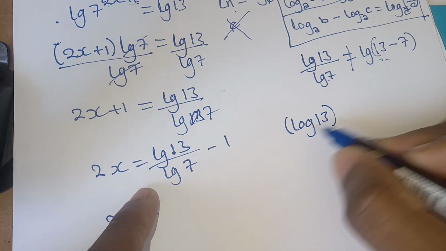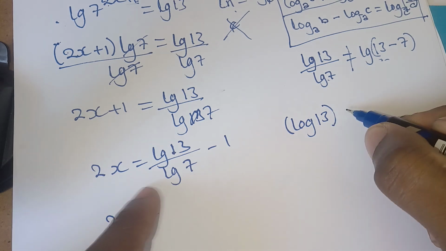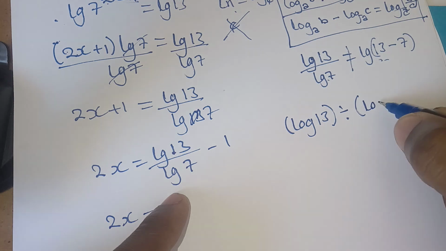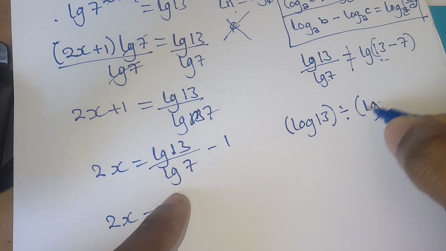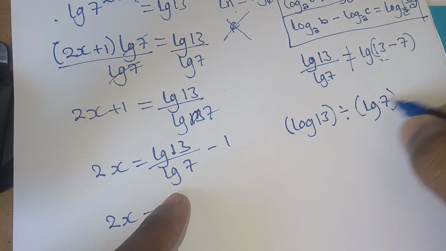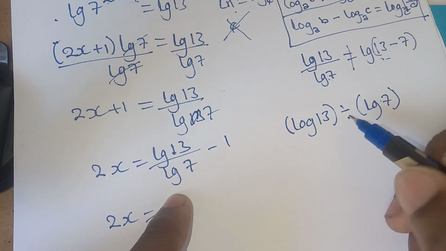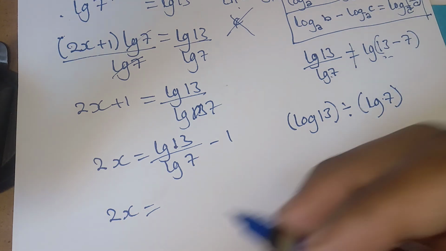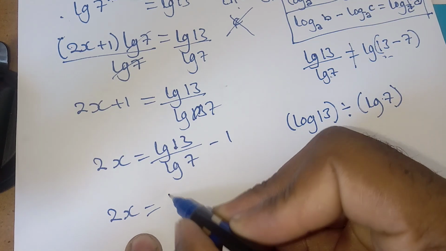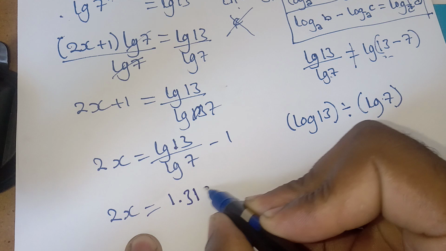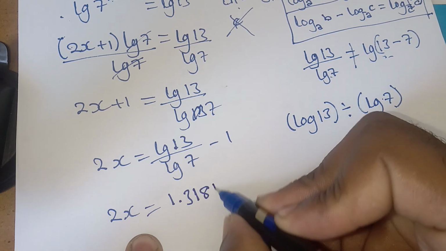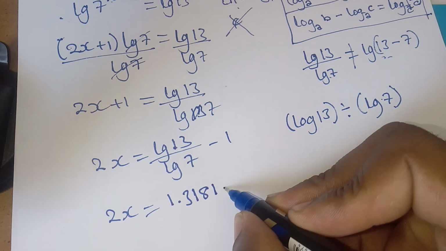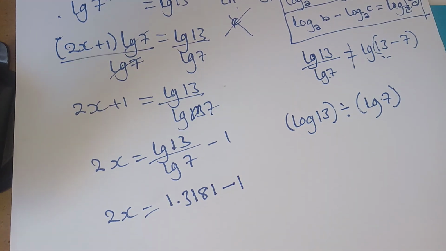Make sure you put this in brackets and then divided by this one in brackets too. Maybe you may not even need the brackets here, but I'll put them anyway. Once you do it like this, you'll be able to get something like 1.3181. So I've just written it correct to 4 decimal places.